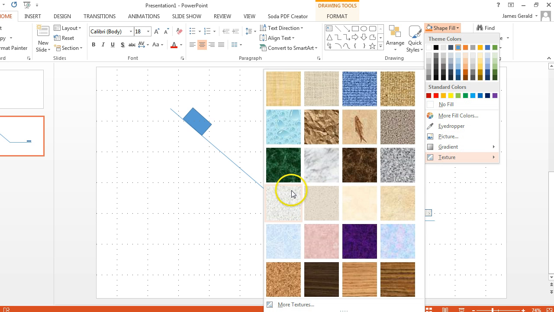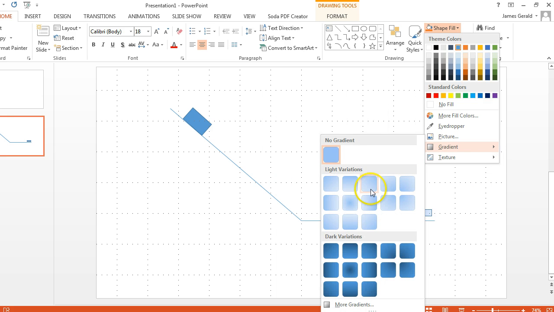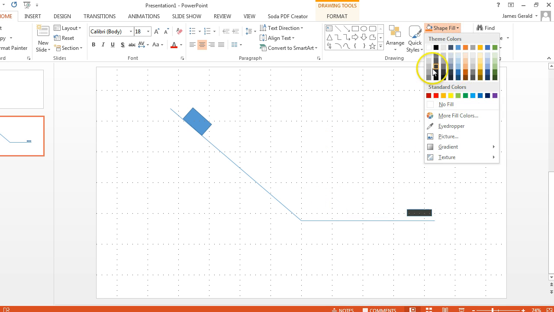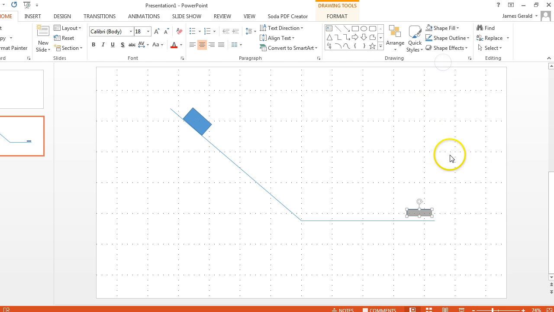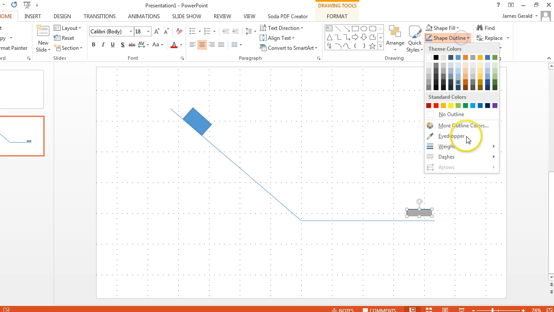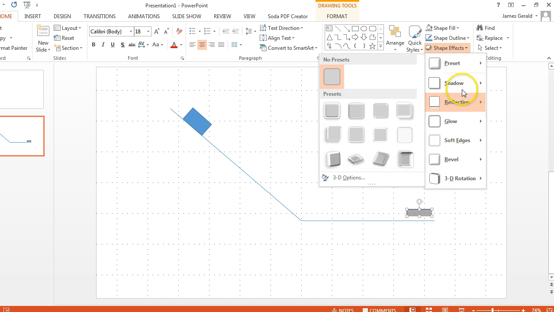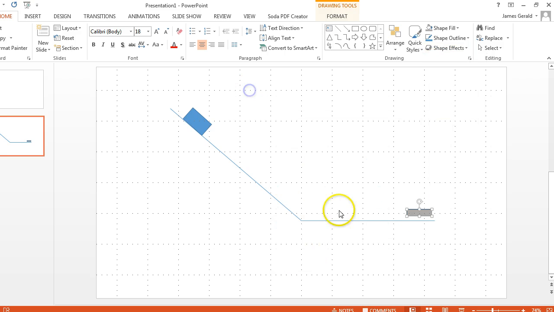We'll make it a gradient, gray or something. All right, so this is our spring. I'm not going to try and draw a spring.